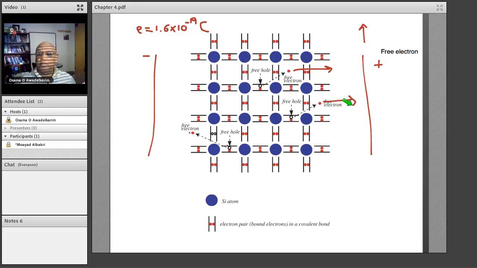But also holes, which are positive, so this electron moves this way and the hole moves this way. So holes will move this way. Here you get holes moving to the negative polarity, and you get electrons moving to the positive polarity. So you have free electrons and free holes, and they're both moving to conduct.